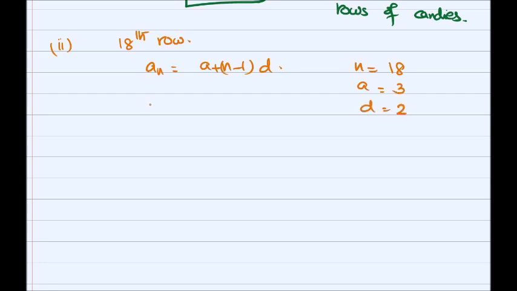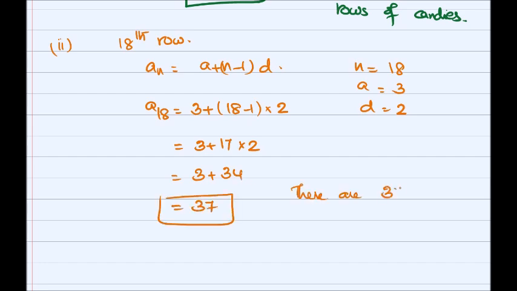Substitute the values. a18 is equal to 3 plus 18 minus 1 into 2. That is 3 plus 17 into 2, that is 3 plus 34, that is 37. There are 37 candies in the last row. This is the answer of the second question.